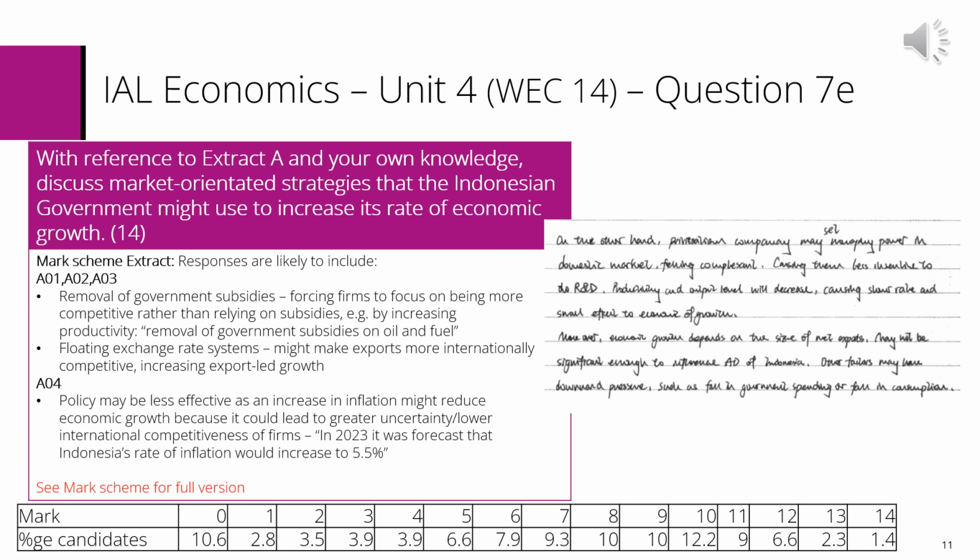Overall, students need to improve the development of chains of reasoning on this question and focus on 2 strategies using context in order to gain high marks. In order to get better student responses, firstly, students should identify the 2 strategies they wish to discuss, rather than superficially discussing as many as they can think of.